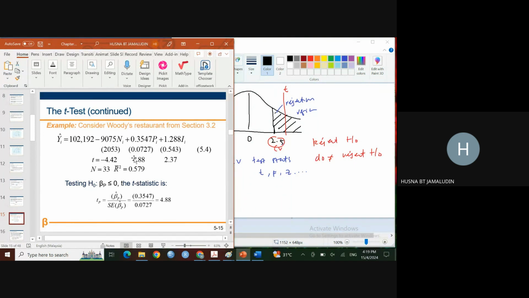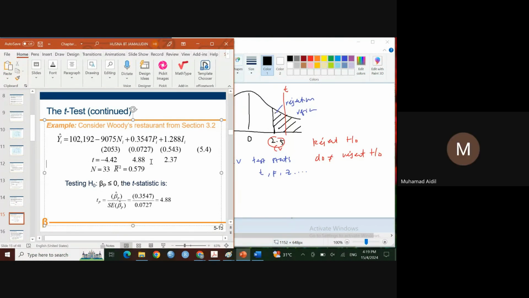So what is the beta hat for P? If you can see my cursor, I cannot really highlight it because it is in the equation. So 0.3547, this is the beta hat, the estimated coefficient, divided by its own standard error, which is 0.072. If you divide it, you will get the T statistic. Okay? Is it clear?